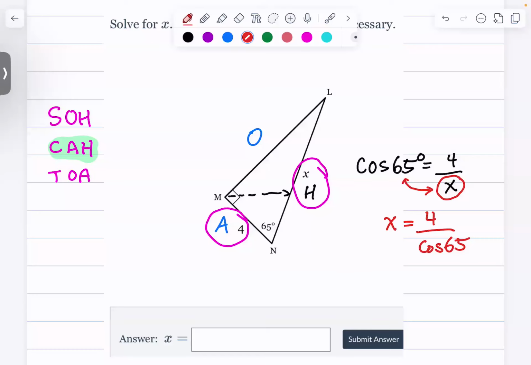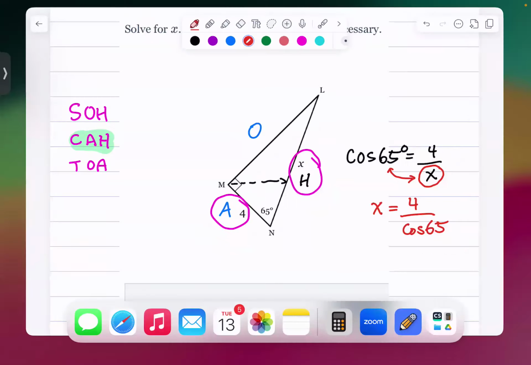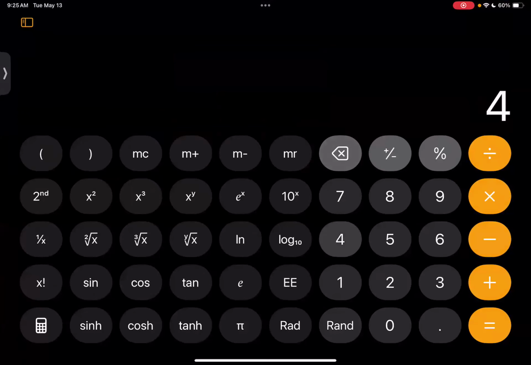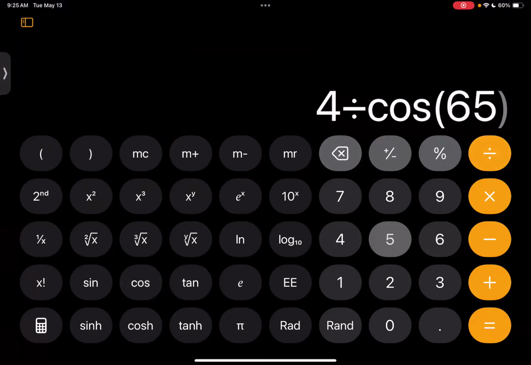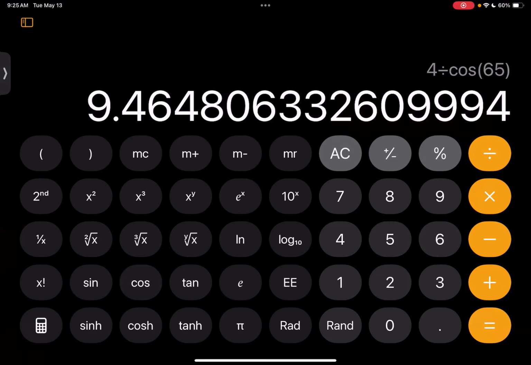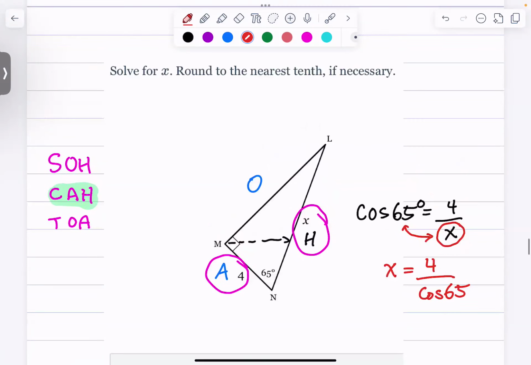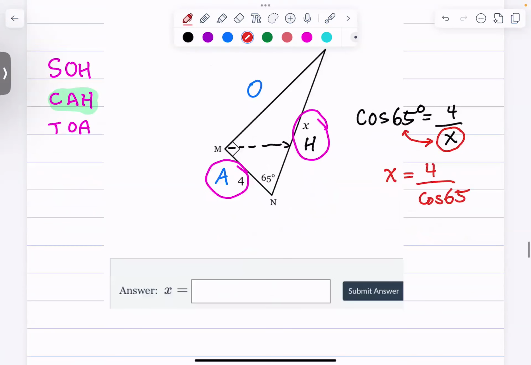To solve this, 4 divided by cosine of 65 is 9.46. Round to the nearest tenth. That's 9.5.